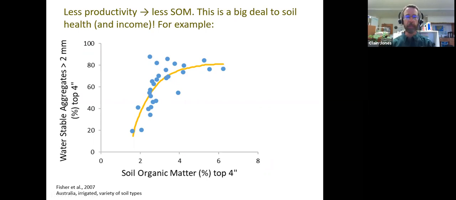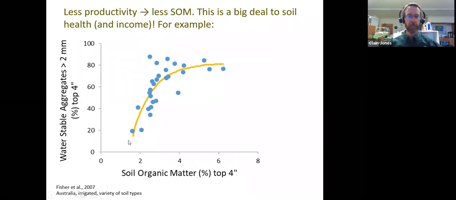So water stable aggregates means that rain can hit those aggregates and they won't fall apart. It's exactly what you want to prevent soil erosion, also help water and nutrients and air flow into your soil.